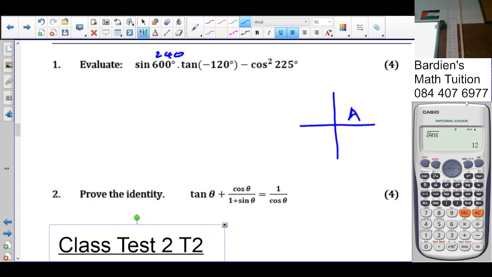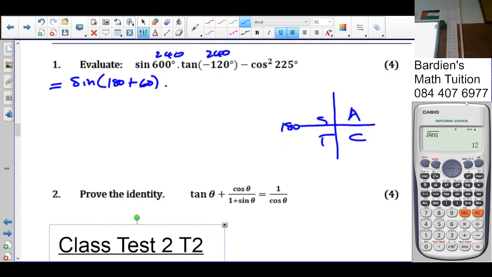Which quadrant is 240 in? The third quadrant. How do you get into the third quadrant? 180 plus. So it becomes sine of 180 plus 60 degrees. Next, tan of negative 120 is a negative angle, so I add 360, which gives me 240.